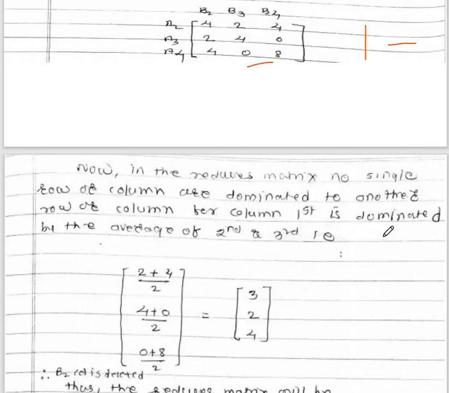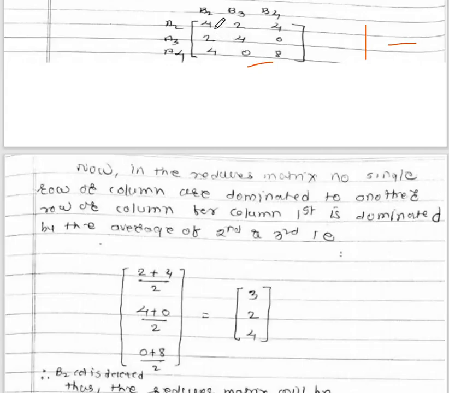But the first column is dominated by the average of the second and third columns. If you take the average of the second and third, 2 plus 4 divided by 2 is 3, then 4 plus 0 divided by 2 is 2, then 0 plus 8 divided by 2 is 4. So you will get 3, 2, 4, and here we have 4, 2, 4.